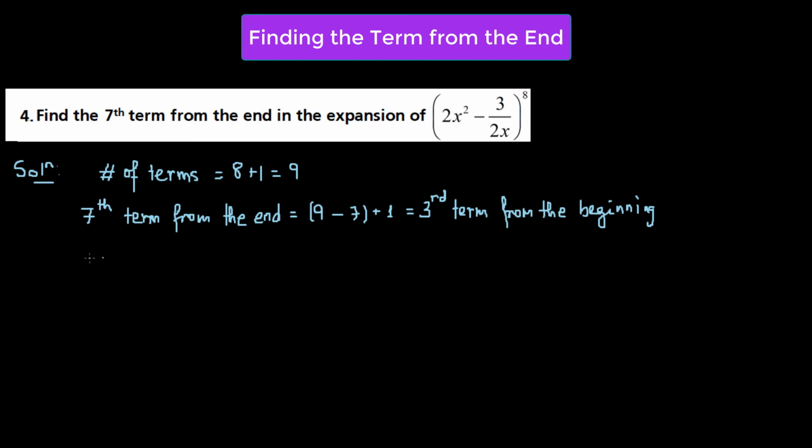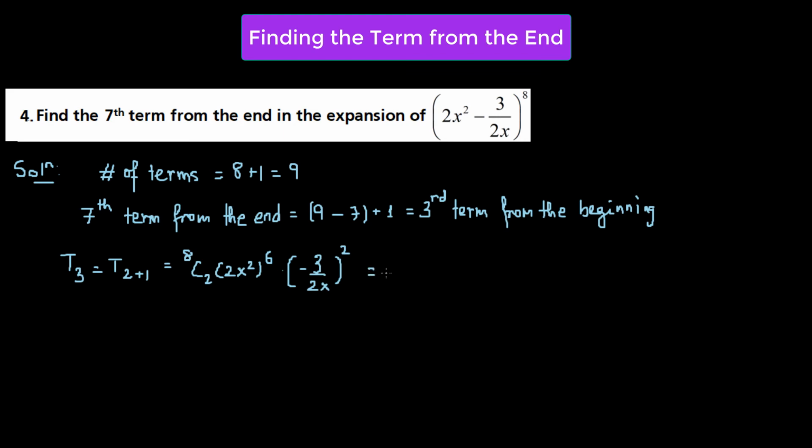So now we find out the value of t3, which is simply t(2+1), which is equal to 8C2 times the first term, (2x squared) raised to the power of 8 minus 2, which is 6, times (negative 3 over 2x) raised to the power of 2. Now we find out the value of 8C2.